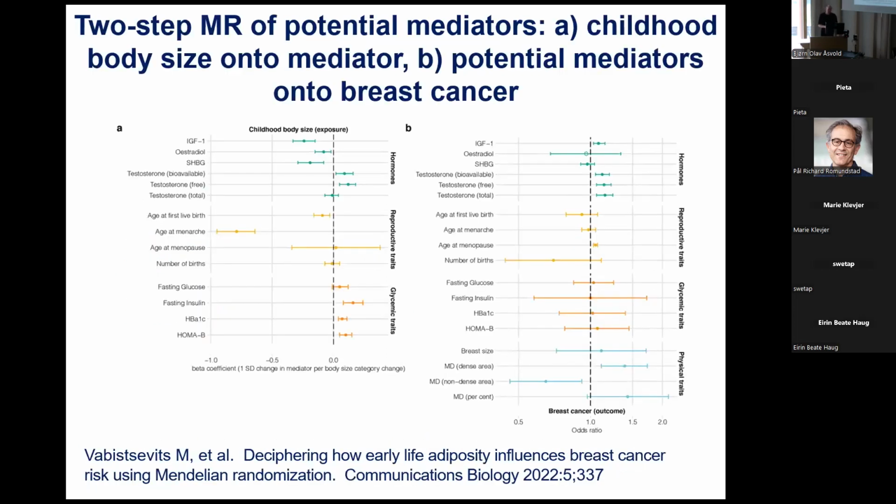And looking at a whole host of potential mediators, the only mediator that went in the right direction, i.e. childhood body size led to a lower level of it, and it increases breast cancer risk, is insulin-like growth factor 1. It mediated a rather small component, but it's interesting that your insulin-like growth factor 1 levels at age 50 are influenced strongly by your body size pre-pubertally.